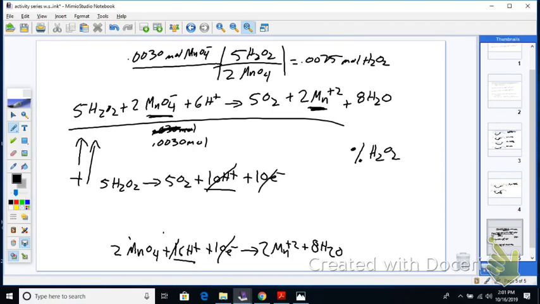And you're going to do it by mass. So find how many grams of H2O2 you have. Go through and calculate the grams of H2O2. That would be your next step.